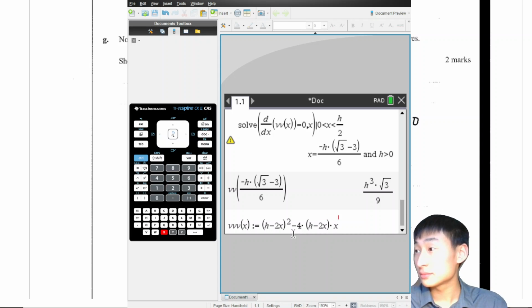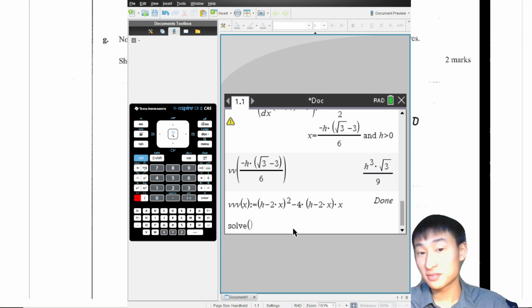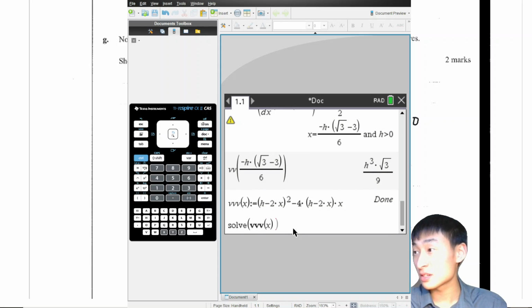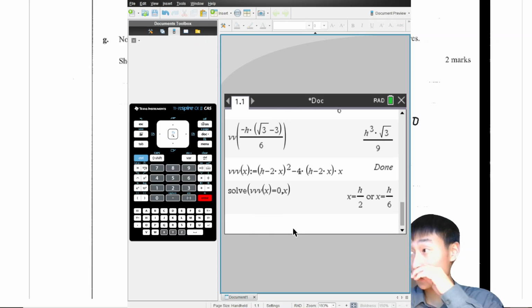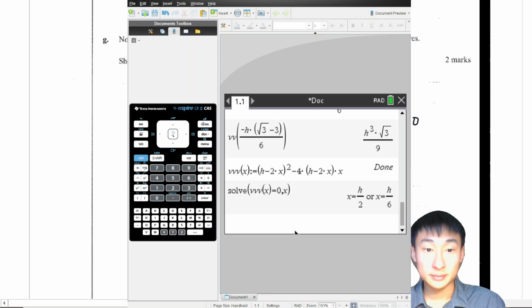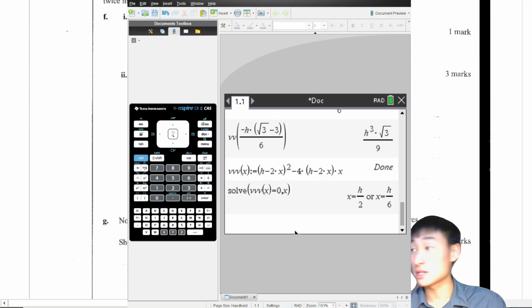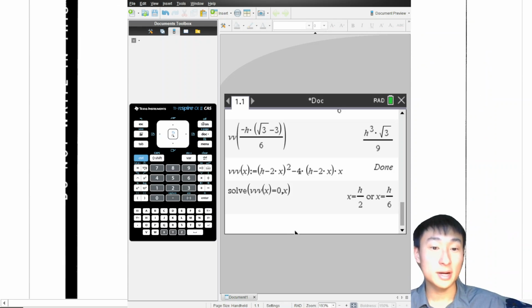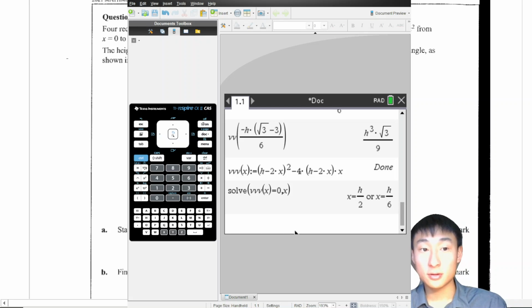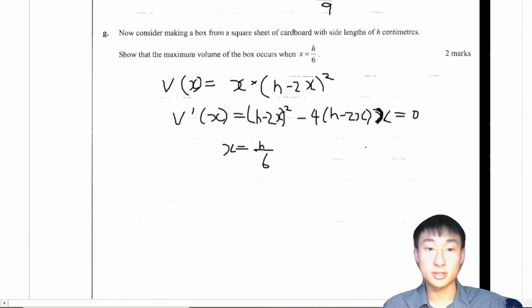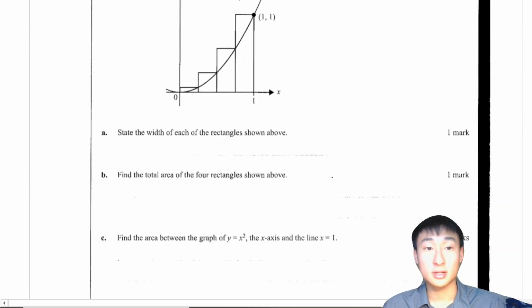Solve V'(x) is equal to 0 for x. Okay, so we end up getting x is equal to h over 6, which is the correct answer. x can't be h over 2 because that's outside our domain. Great. First question done. Sorry, you didn't see that before. x is equal to h over 6.